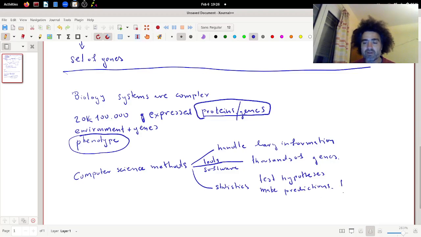For example, if I tell you that a person has high expression levels for genes X, Y, and Z, can you tell me something about his health conditions after 10 years, let's say? Inferences or predictions of this kind need statistics to be achieved.